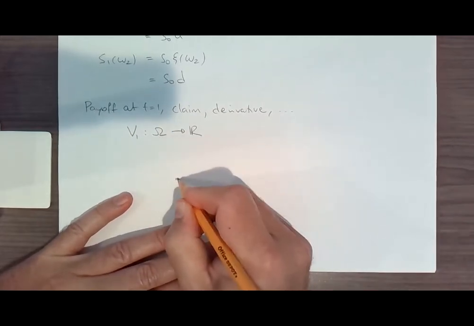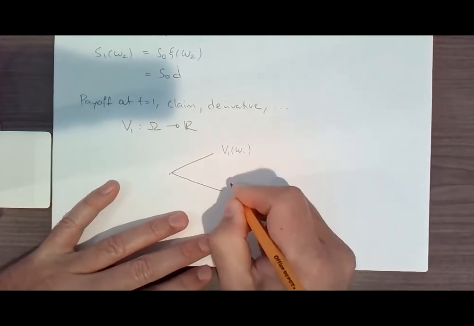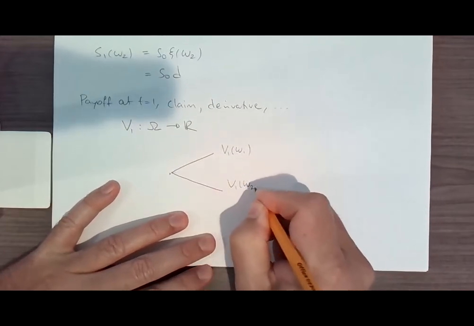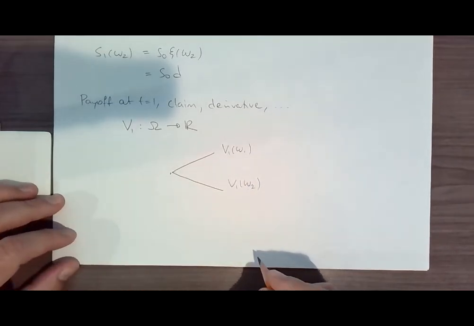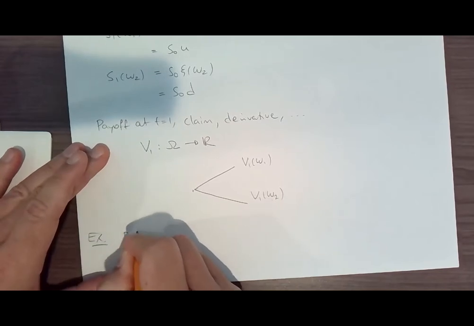It goes from omega, so that means there are two possibilities. There's going to be a V1 of omega 1 and a V1 of omega 2. As an example, what could it be? Last time we looked at a put.